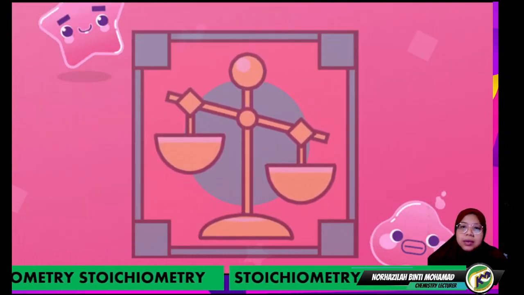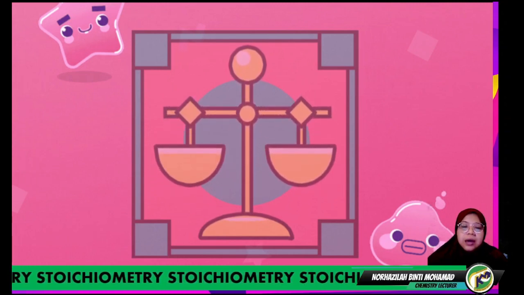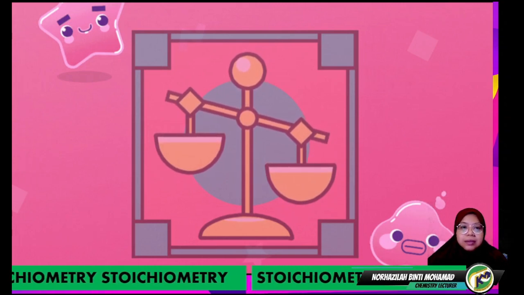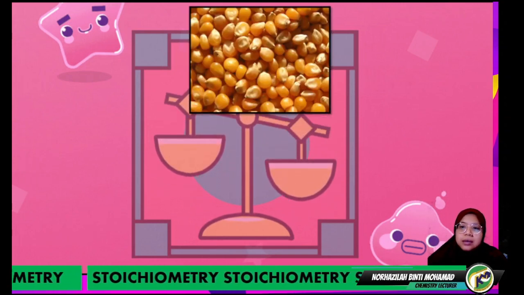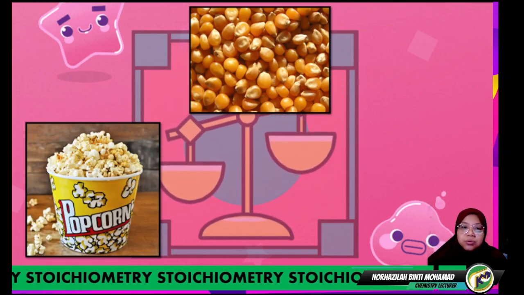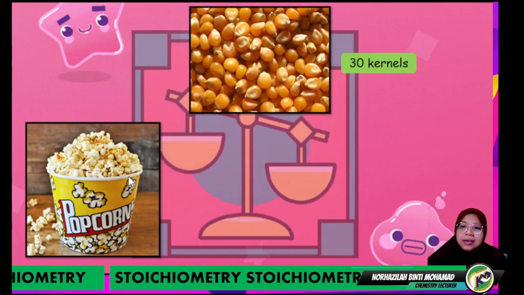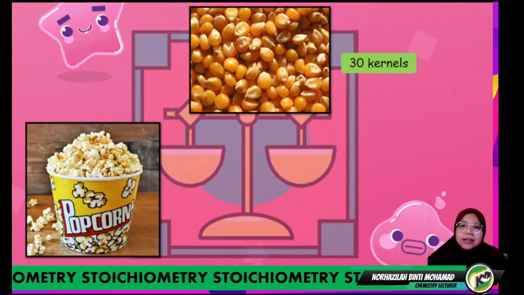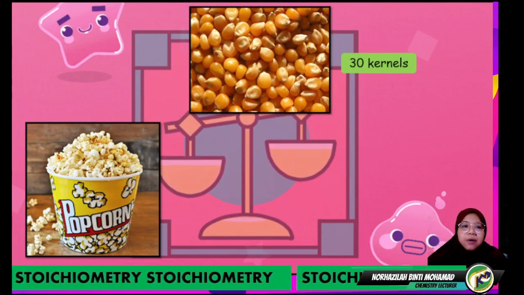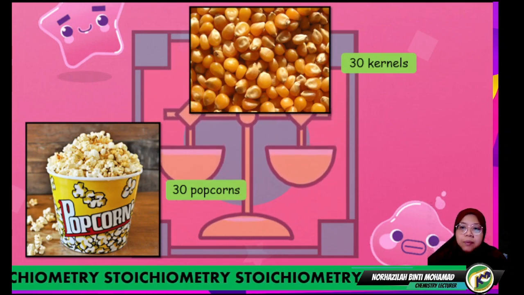So I will use this example as an analogy of how actual yield is related to the theoretical yield. So this is a corn kernel. This corn kernel is used to produce popcorn. If I have 30 kernels, and if 100% of these kernels are transformed into popcorn, that means I will get 30 popcorns.